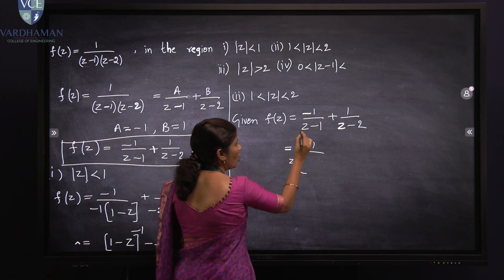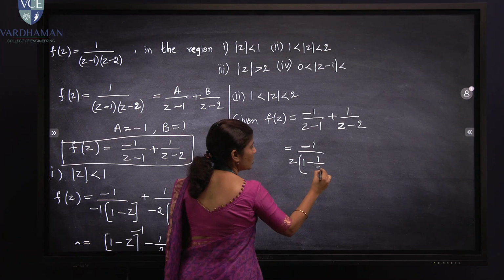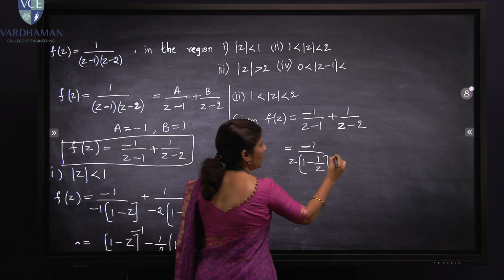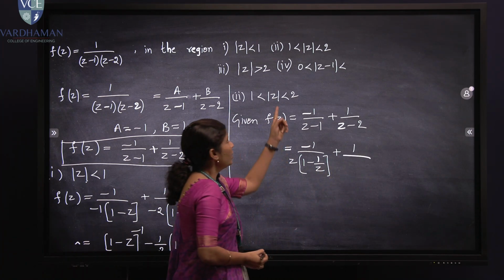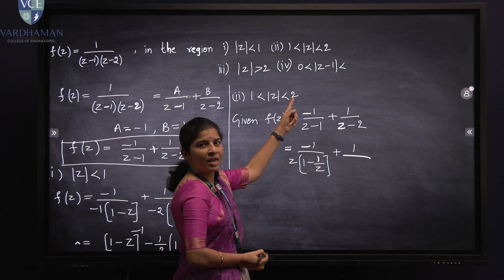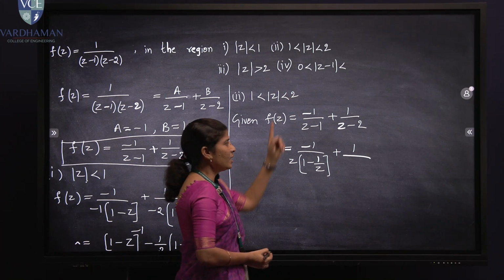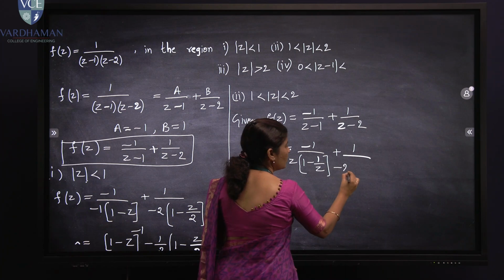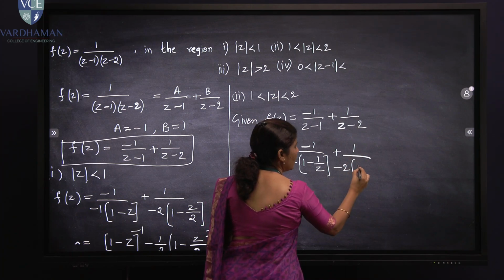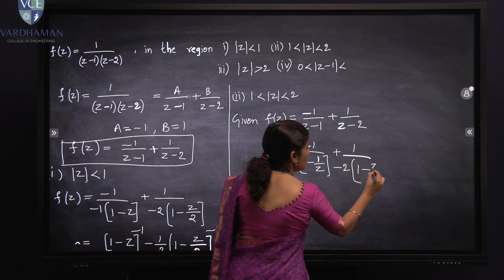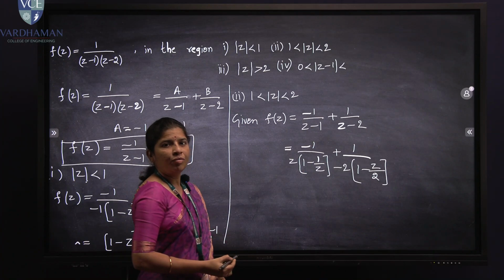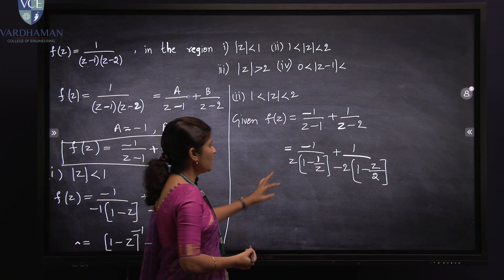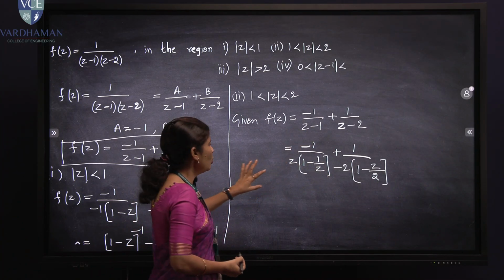Z greater than 1 means we have to take z common in this expansion. If we take z common, 1 minus 1 by z is left, plus 1 upon, and we know clearly modulus of z is less than 2, so 2 is the greater term, so I want to take the common term minus 2. If we take it common we are left with 1 minus z upon 2. Now after taking the common terms, we have to take these terms into the numerator.